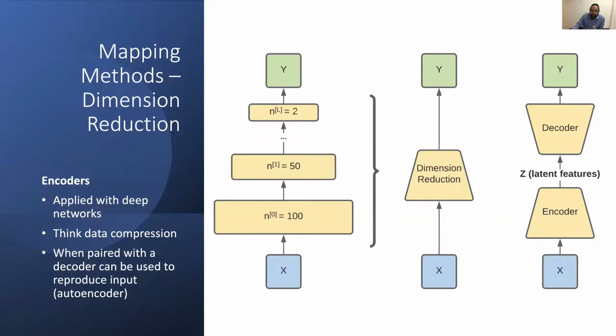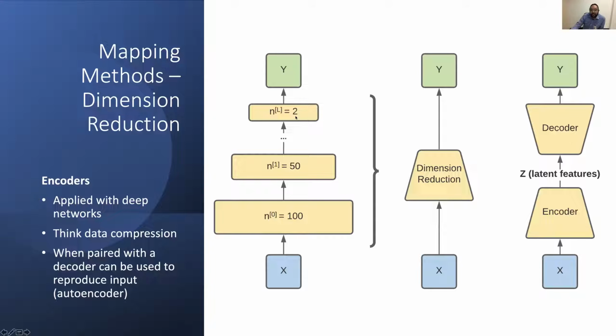a deep network encoder has this trapezoidal shape. Here, what I'm showing is that maybe your input data is like 100 features, and each layer of this network is going to reduce the number of nodes, of features, that it uses to encode that data. So you can gradually scale it down until eventually you get something really small. Here, I'm transforming this 100 feature data into 2 variables.